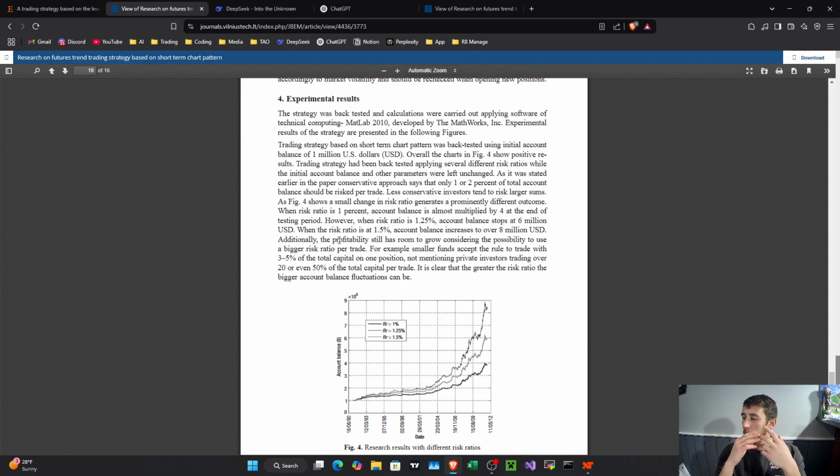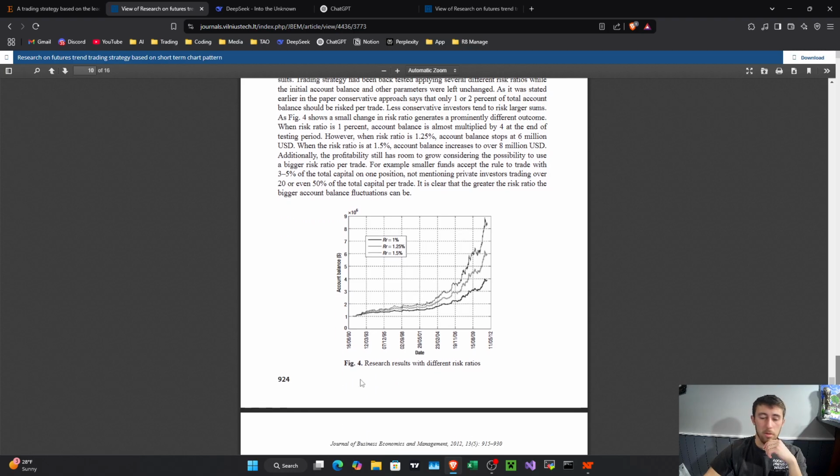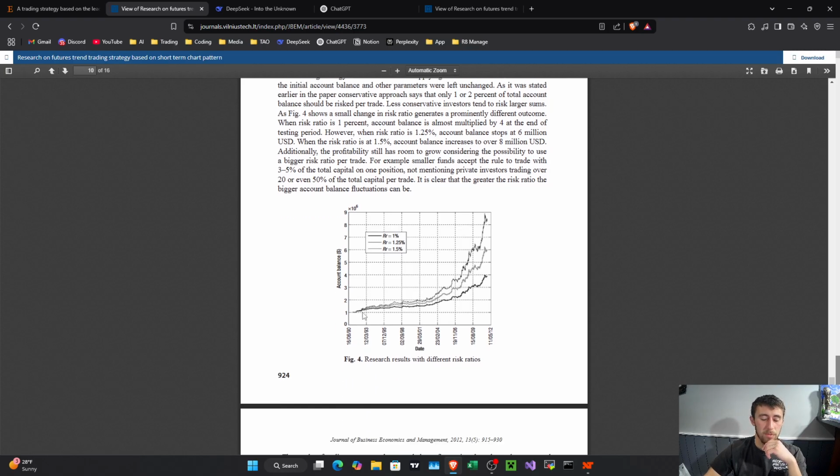If you lose the first 50 trades, you're down 50%. Actually, you'd be down close to that. Now, if you let that play out for the next 10 years, you won't even be able to see it. It'd be down here. You won't even be able to see that 50% drawdown.